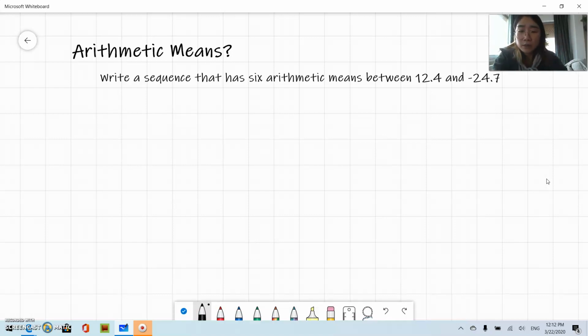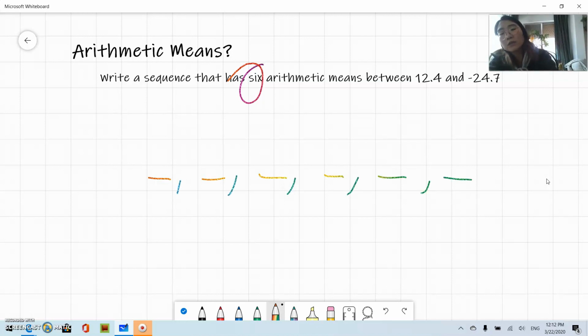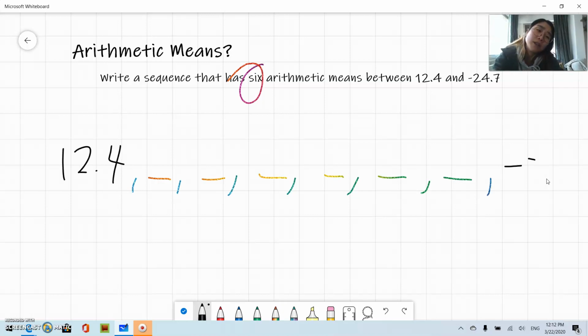The setup goes like this. If it's asking for 6, make 1, 2, 3, 4, 5, 6 spaces, because you're looking for 6 numbers. And then the first number is 12.4, and the last number is negative 24.7.